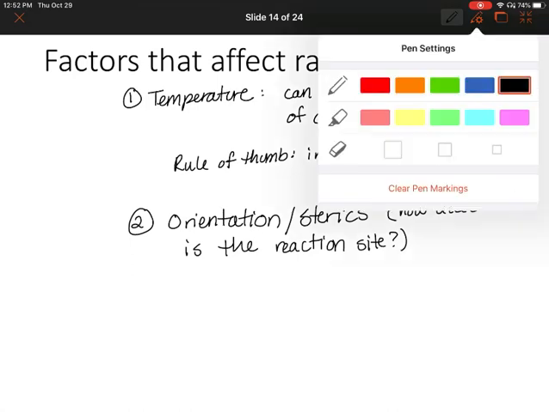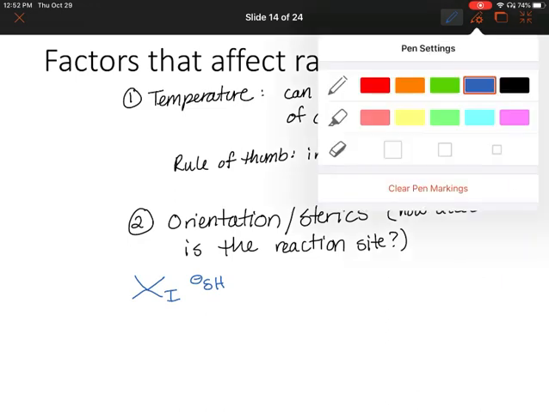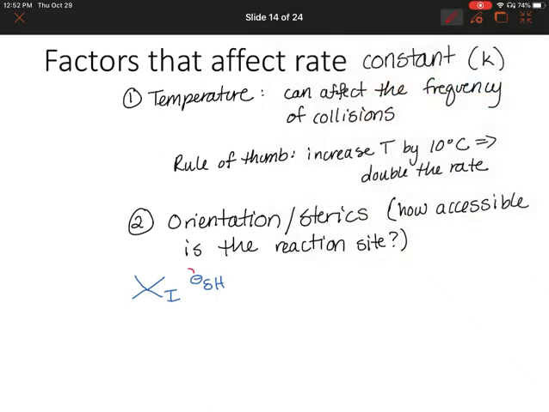So, for instance, in the example on the last slide, we had 2-iodo, 2-methylpropane, reacting with SH-. And basically, SH- was replacing iodine in that reaction. So it was trying to wedge its way in there to the central carbon so it could make a bond with the central carbon. And then the iodine would leave.